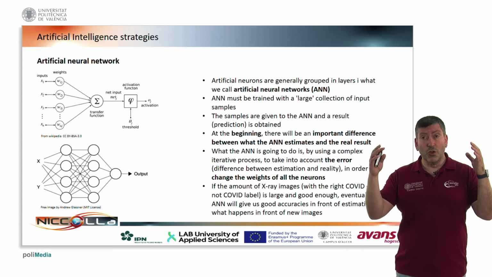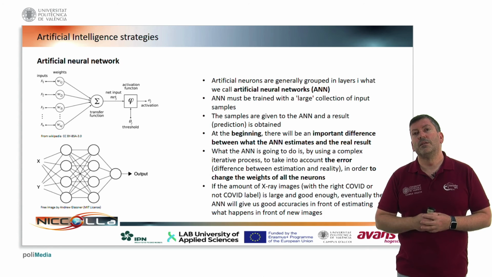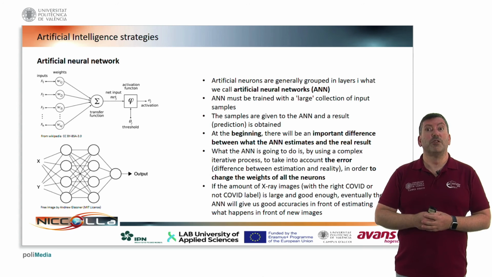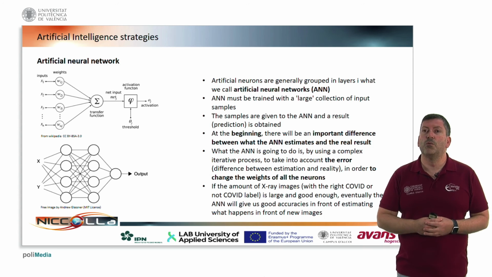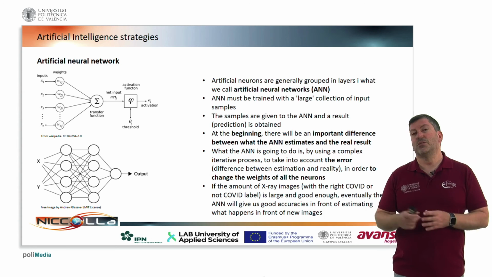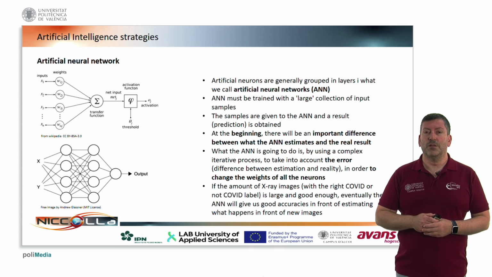And we are going to use all the available data in order to train the neural network. So finally, we will be able to have very good results, if we do it well, in front of new X-ray images, where we are going to have a very good prediction from the neural network.